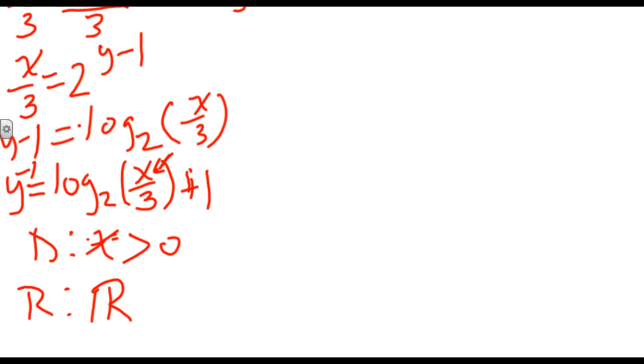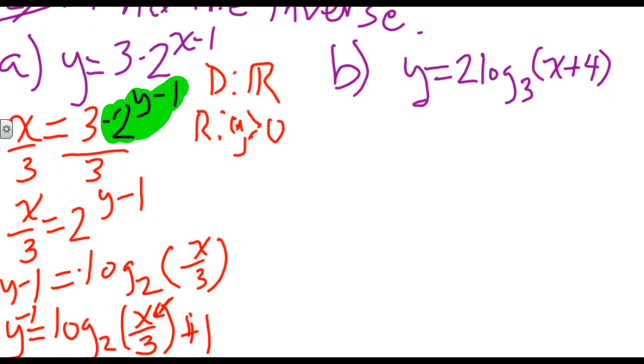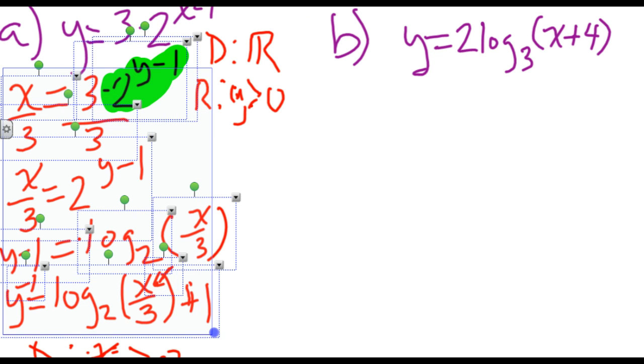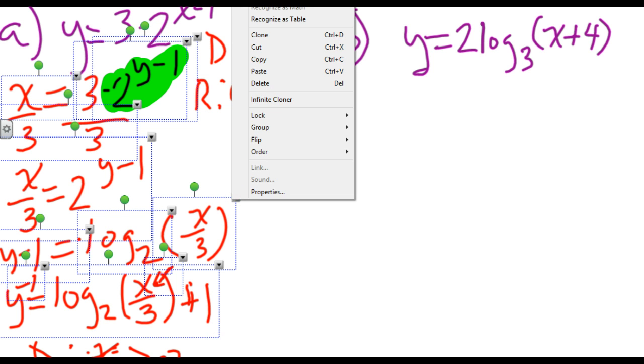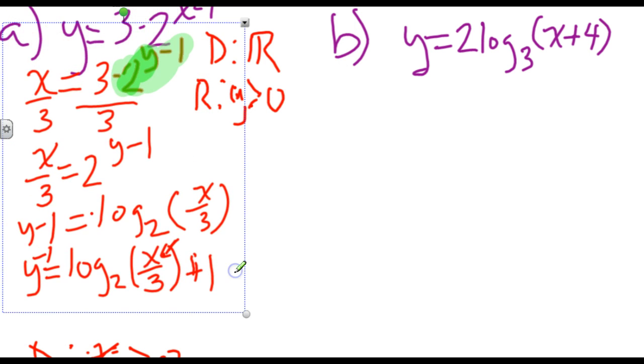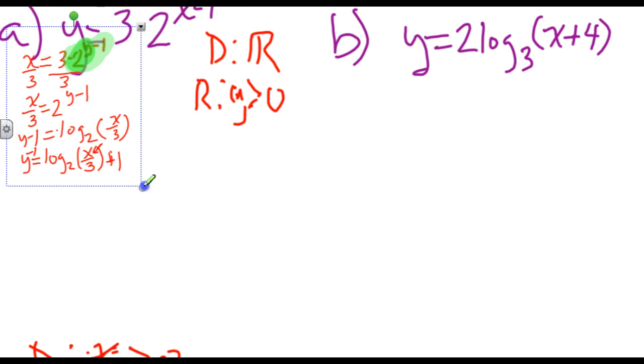Now, again, taking a look at the domain and the range of the exponential versus the domain and the range of the log, let me pull these together so we can see them.